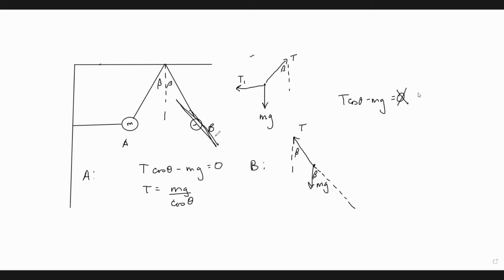Is there any acceleration in that direction? The answer is no. So for part B, we can write T minus mg cosine theta equals 0.